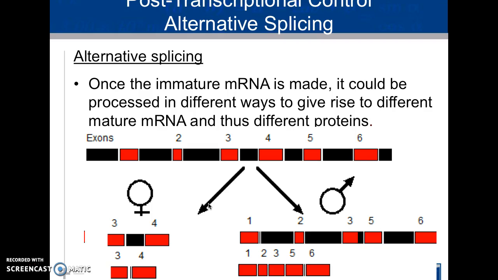We have some post-transcription controls as well. One is alternative splicing. We know that we are separating the exons and the introns and then putting the exons together, which are the useful parts. Depending on what gene we are dealing with and what is considered an exon and an intron, that can determine what kind of mRNA I end up with.